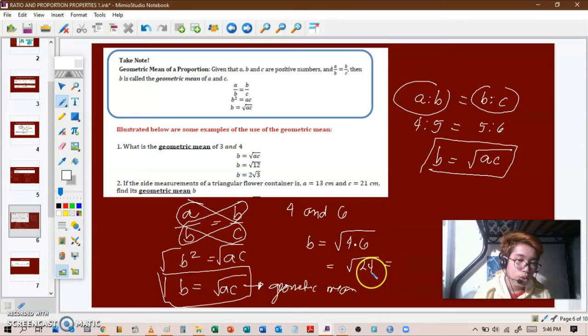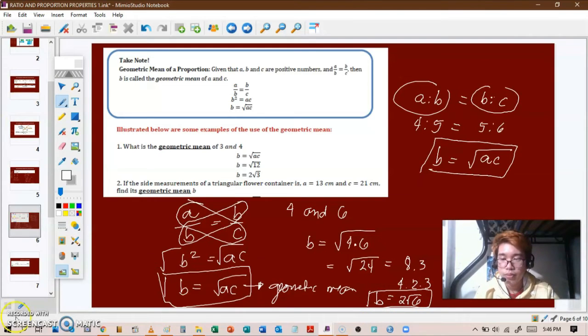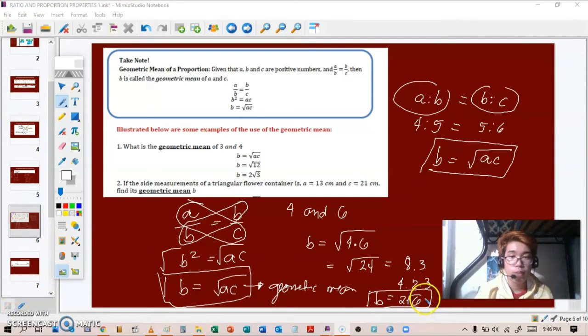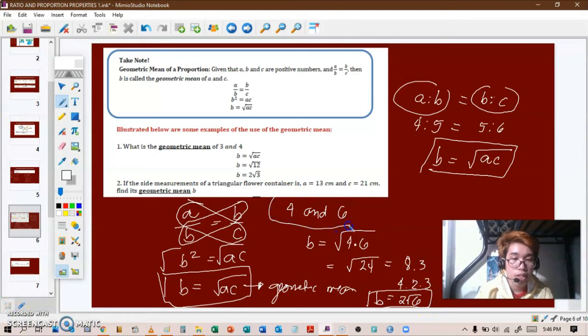And if we factor this, this is going to be 8 times 3. So this can be simplified as 4 times 2 times 3. So this will give you 2 square root of 6. So therefore, the geometric mean of 4 and 6 is 2 square root of 6.